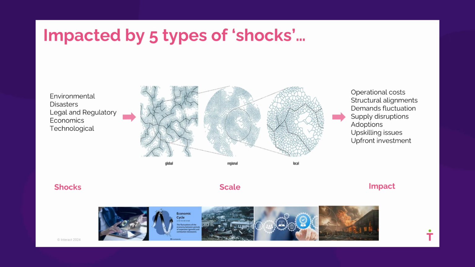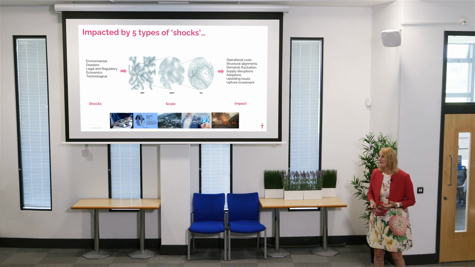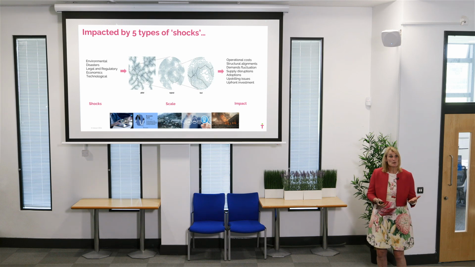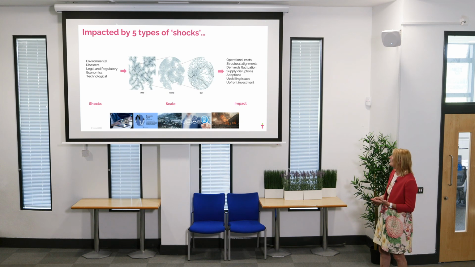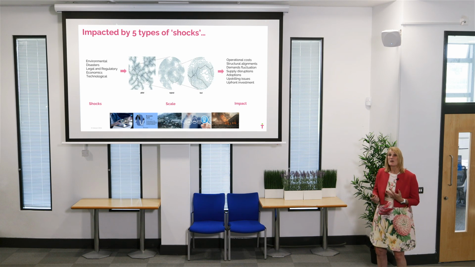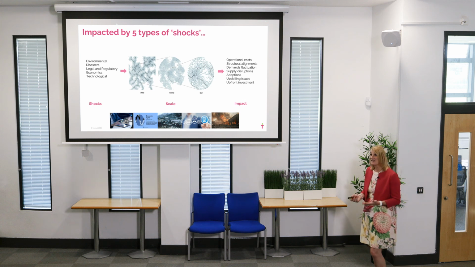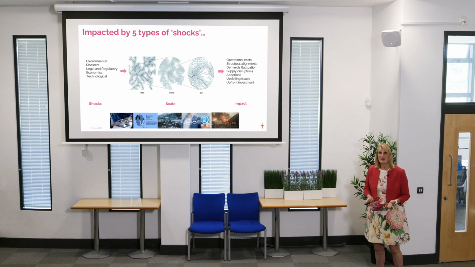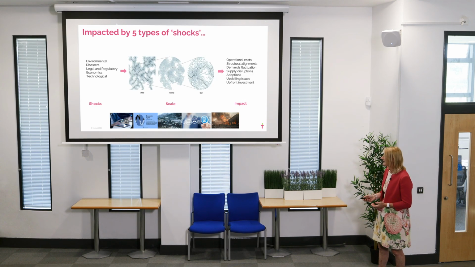And one thing we know about those shocks is that they could create a global shock, a regional shock, or a local shock, but those shocks will have an impact on how our supply chains operate, whether that be in terms of operational costs, the way they're structurally aligned, whether or not they create demand fluctuations, supply fluctuations, make it difficult to adopt things, whether they create upskilling issues, or they change our investment profile. Those shocks will have an impact.